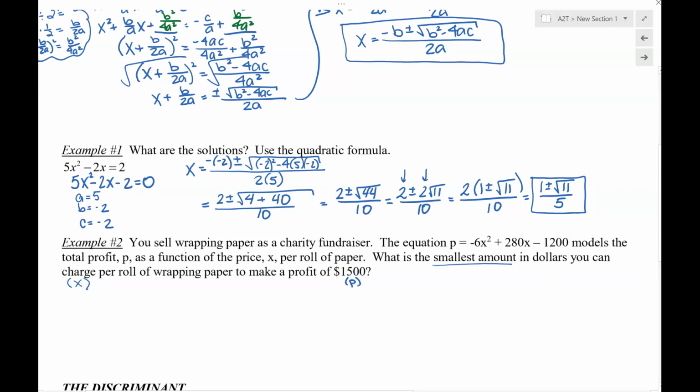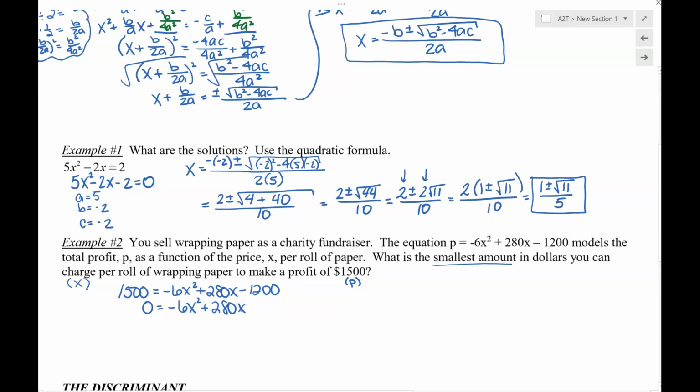All right, well, let's do it. If P is 1,500, we're going to set that equal to the given equation. So negative 6x squared plus 280x minus 1,200. And then we're going to have to, from here, set it equal to 0, because you can't solve a quadratic equation ever unless it's equal to 0.